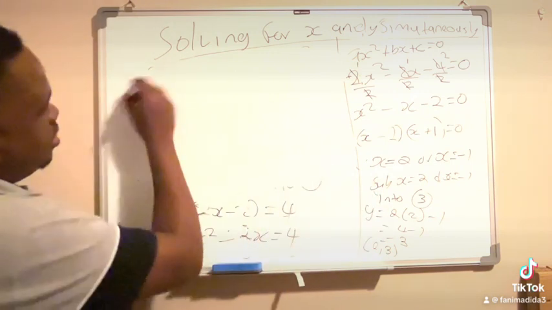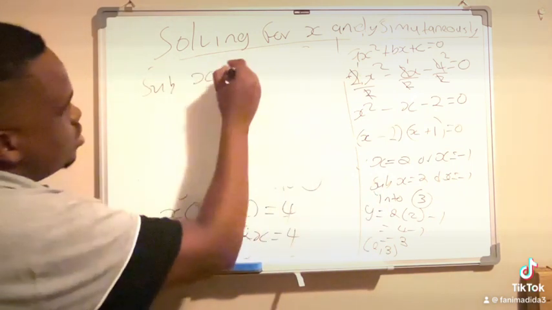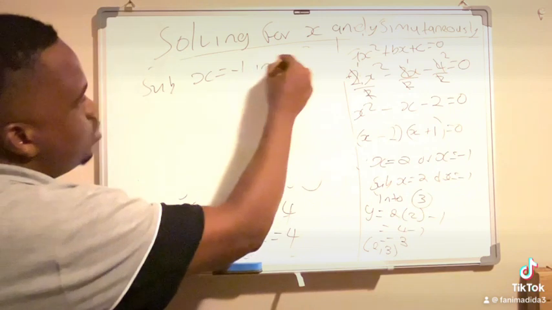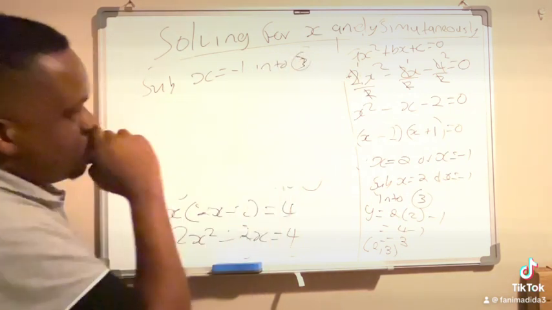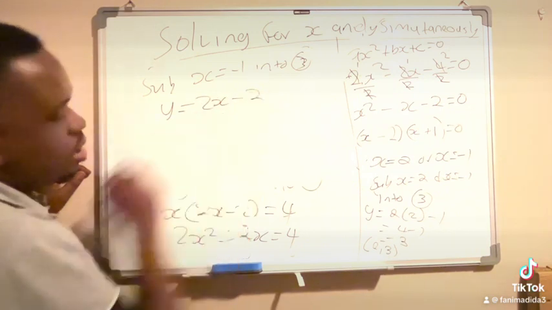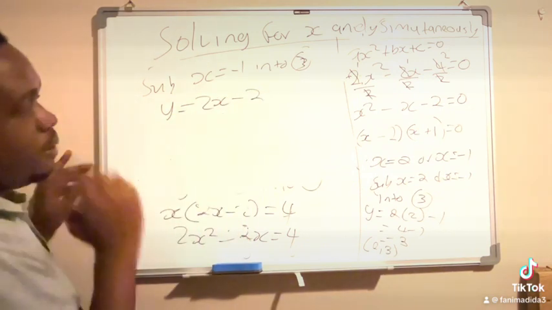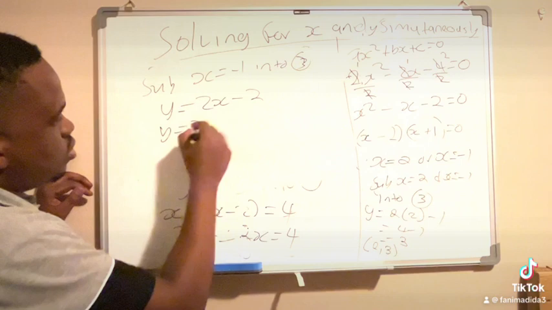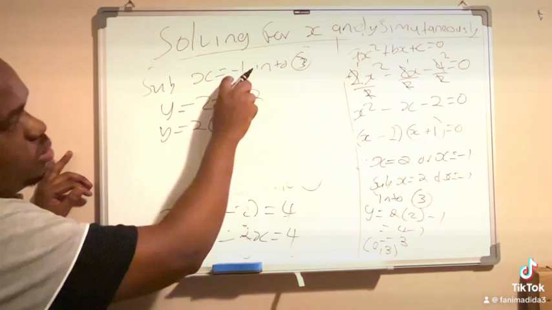So the other one is to sub x is equals to negative 1 into equation 3. So we saw equation 3 was y is equals to 2x minus 2. Then from here, wherever you see the x, you put the negative 1.